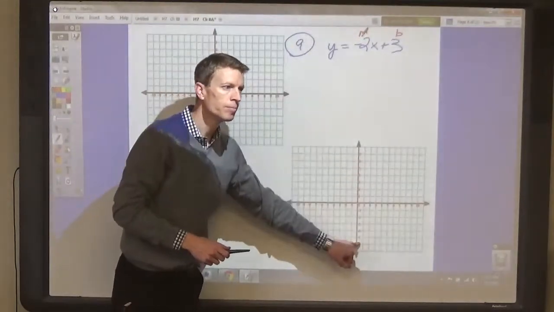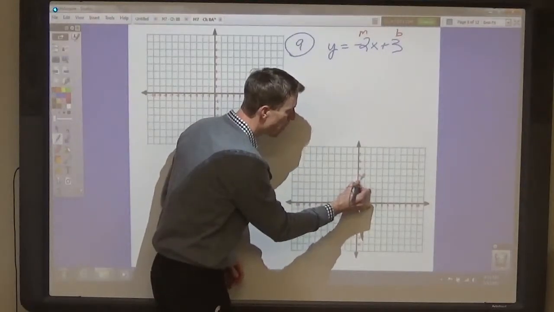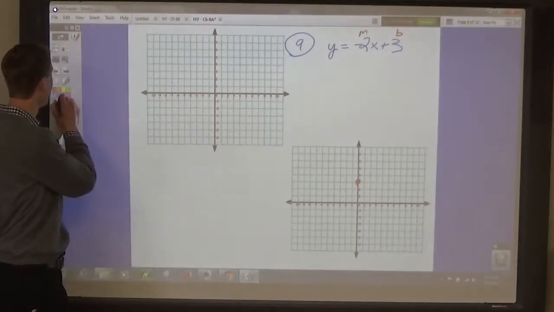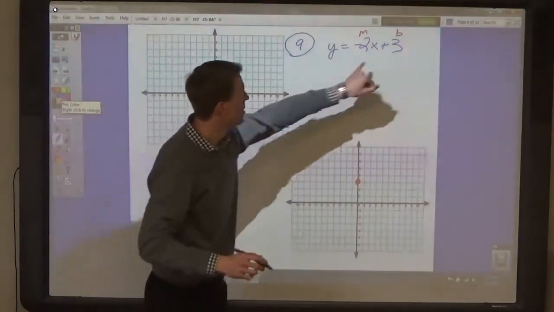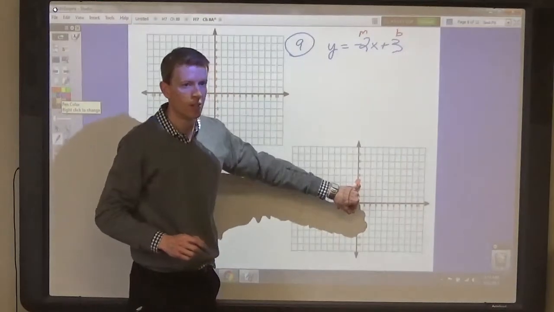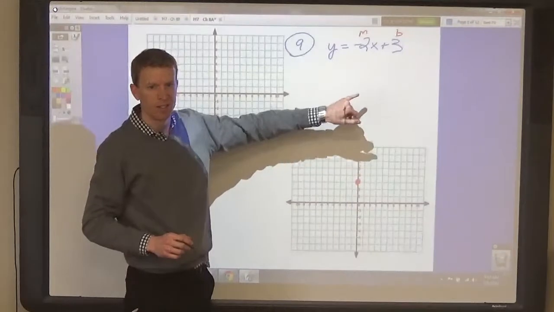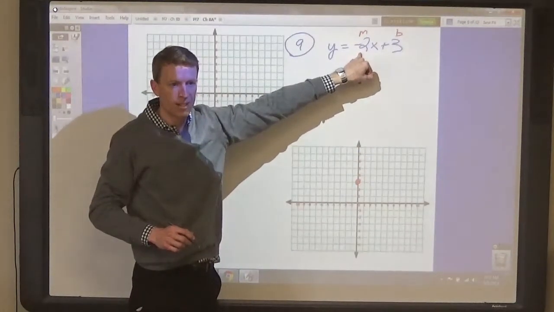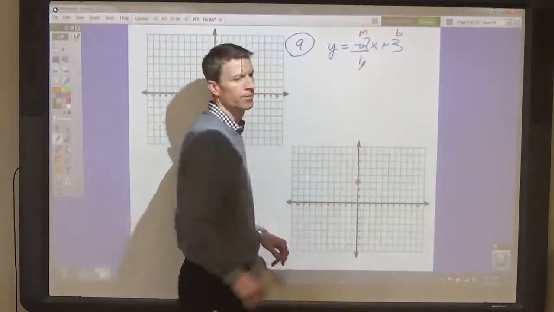You are up? Positive 3. Yep. B is positive 3. Okay? Stop talking. Now, once we have this number, we can find the next point by using the slope. What is the slope? It's just -2, but how would we write this as a fraction? Jen? -2 over 1.